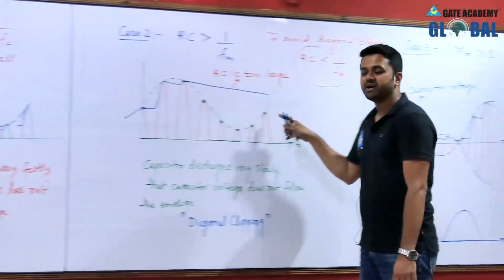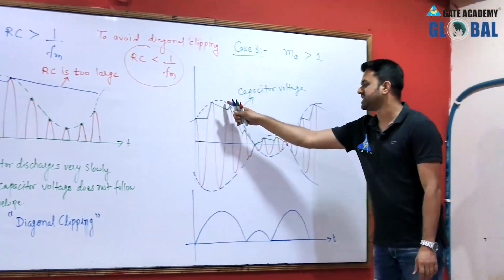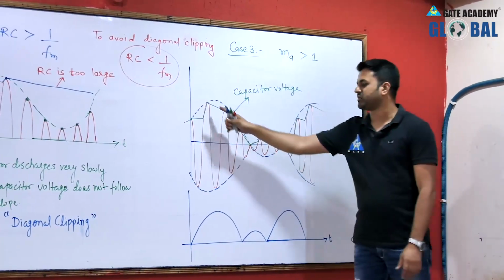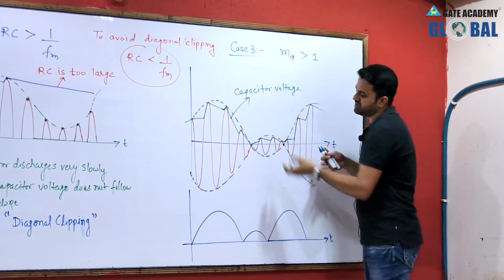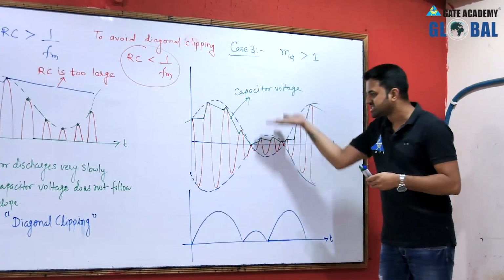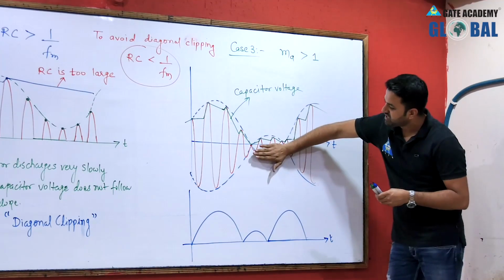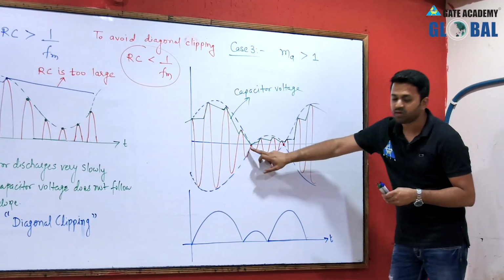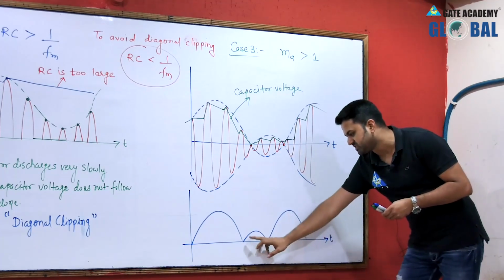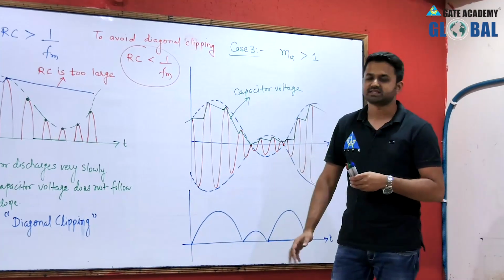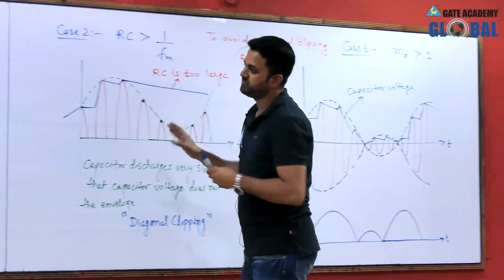But when the modulation index is greater than 1, it is over modulated, and the minimum peak envelope goes into the negative side. So the diode does not work there, but there is some portion with positive value, and because of this the diode works in that portion, but we do not get our original message signal. So in this case we will get some output, but that will not be our message signal.